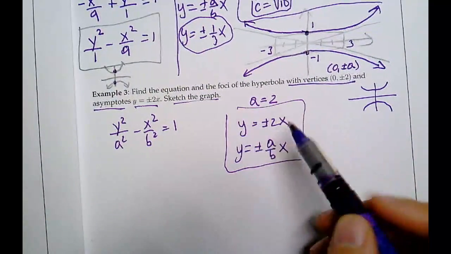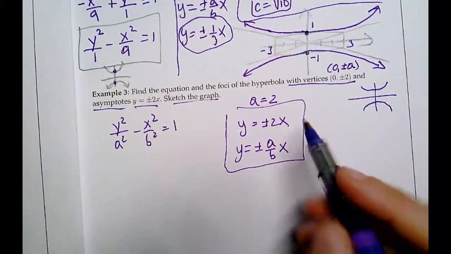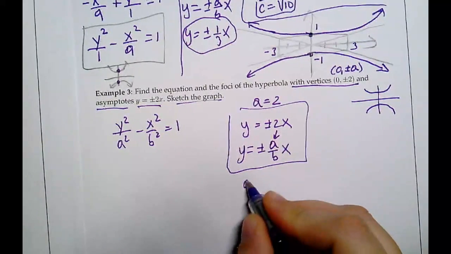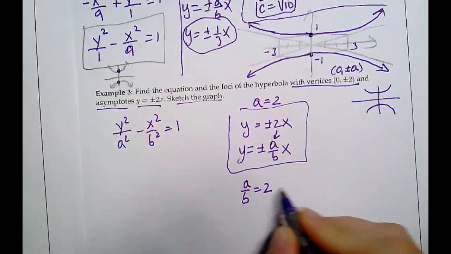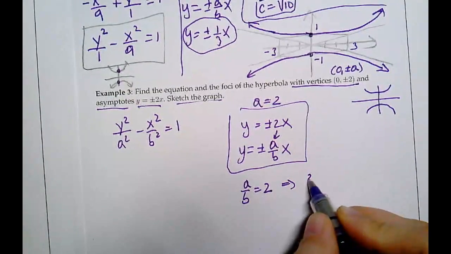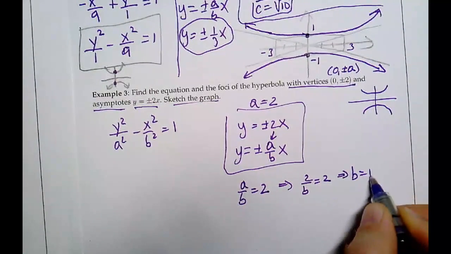I'm given that the asymptotes are plus or minus 2x, so that means that a over b has to be 2. But I know that a is 2, so 2 over b has to be 2. And solving for b, we get that b equals 1.